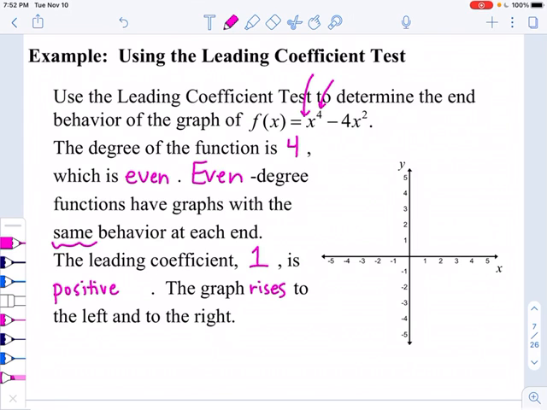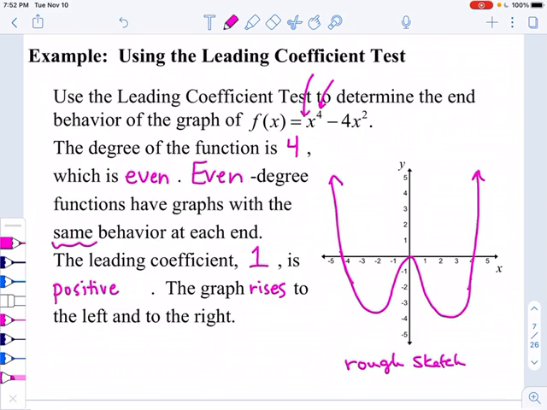So if we were to draw, and this is just going to be a really ugly, rough sketch, because it's not going to be perfect. What it's saying is that we are going to end up with a graph that's going to end up rising in some way, shape, or form. And what happens in between here, as I said, just a rough sketch, is this is going to come down, go up, come down, and go back up.